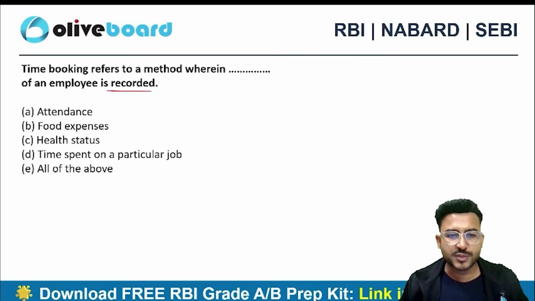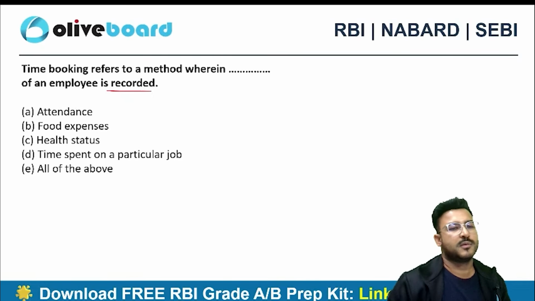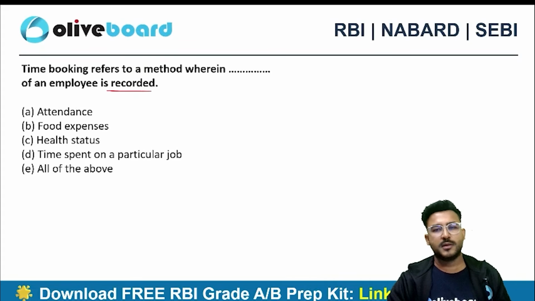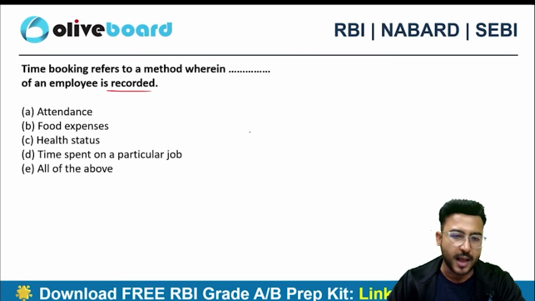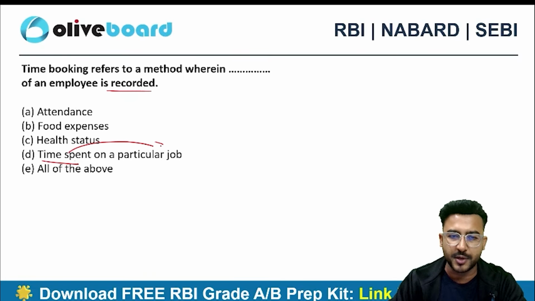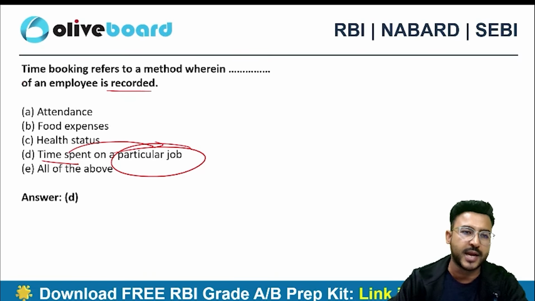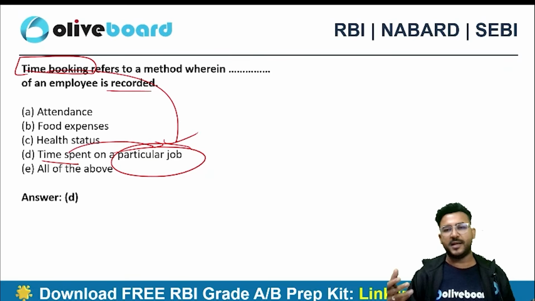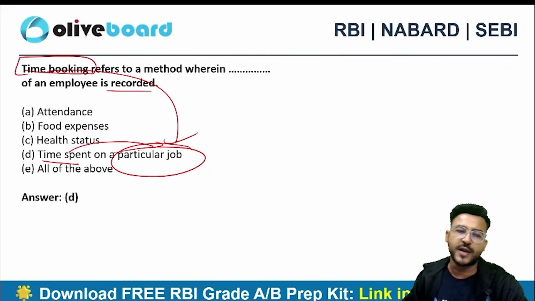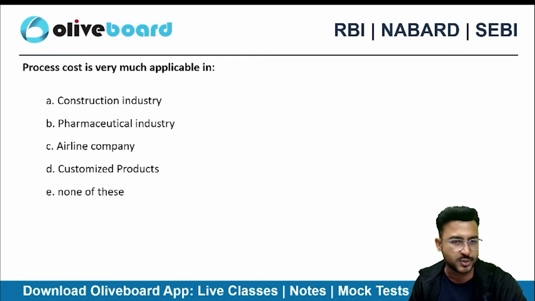When I'm booking the time, I'm actually recording how much time is spent on a particular job. Time booking means how much time an employee is spending on a particular job. So option D is the correct choice here.